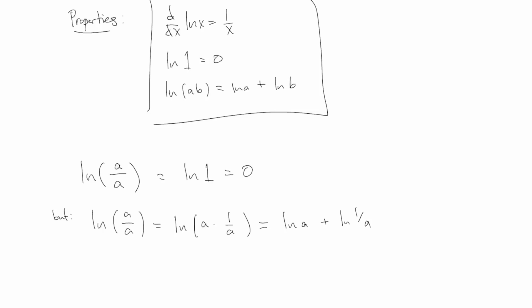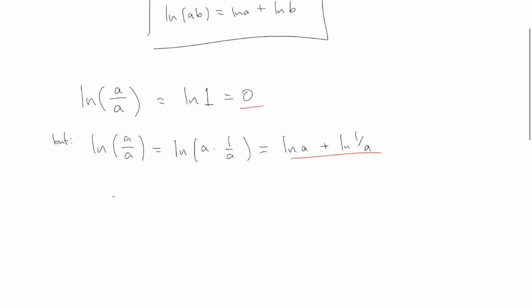And all of these things are equal, right? Because I started with ln of a over a both times. What that means is if you read this, this part must equal 0, right? Because all of these are equal in this way. So that means ln a plus ln 1 over a equals 0, and you can solve that for ln a. Negative ln 1 over a.